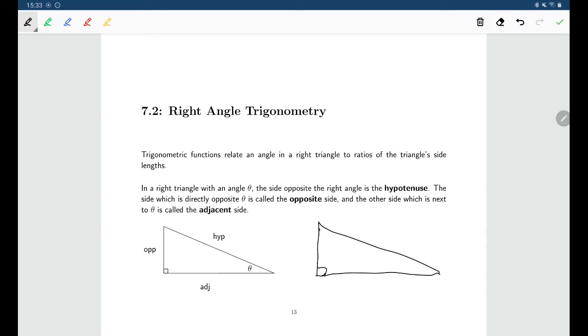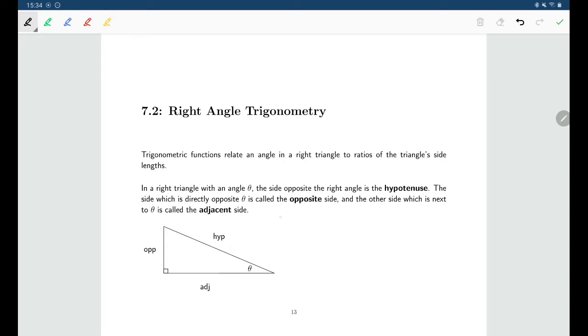So I was talking about theta being the angle at the bottom right, but if I was interested in, let's say, the angle that's at the top, the hypotenuse would still be the same. It would be the side that's opposite my 90-degree angle, but the opposite side would be the one at the bottom, and the adjacent side would be that vertical side. So just keep in mind that when we're talking about right triangles, who is the opposite and who is the adjacent side will depend on which angle we're talking about.